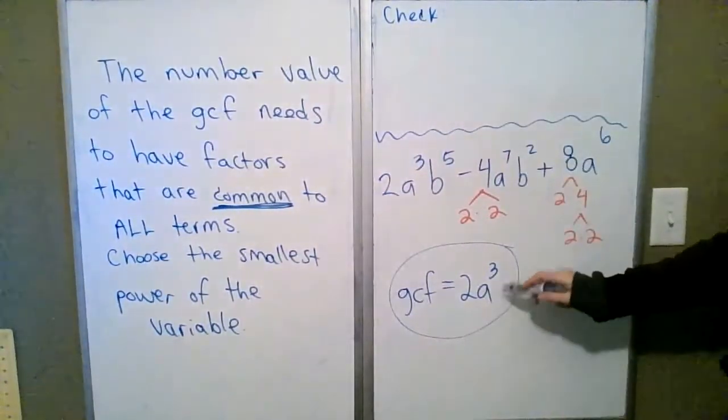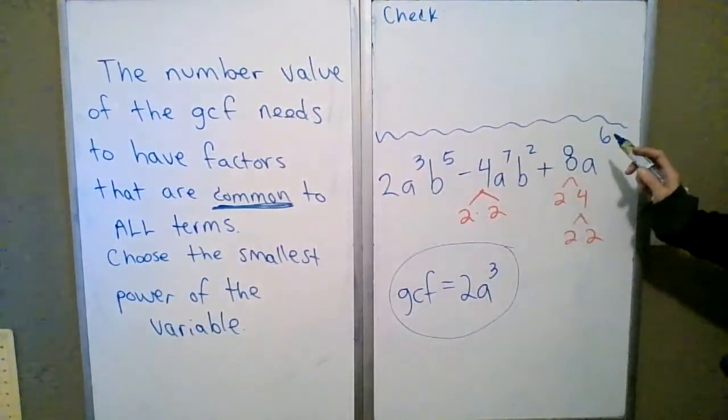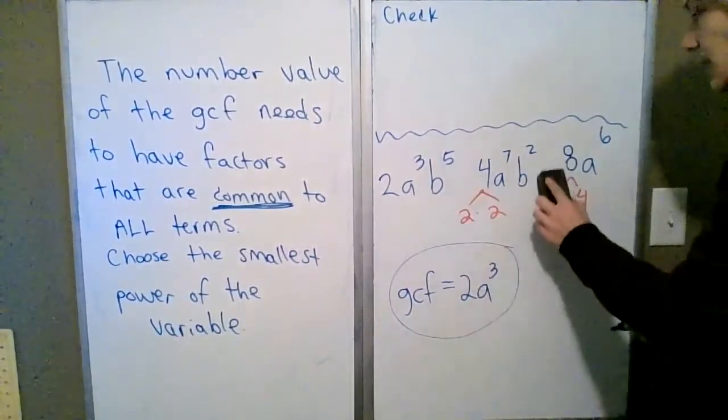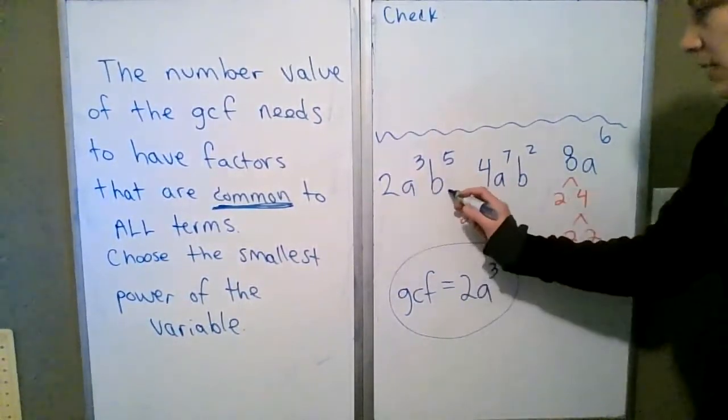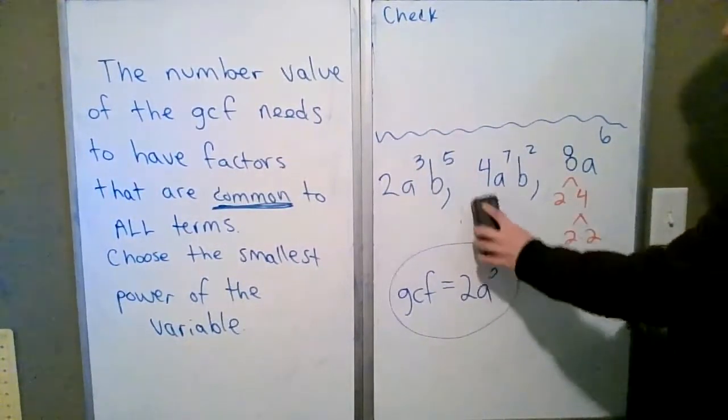I'm just making sure that this divides that term, and that term. Actually, I don't need these symbols in the middle. I just wanted to separate this like a list.